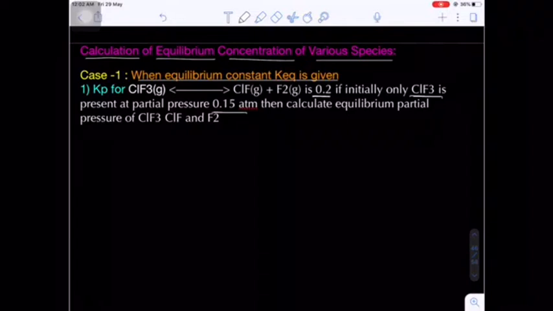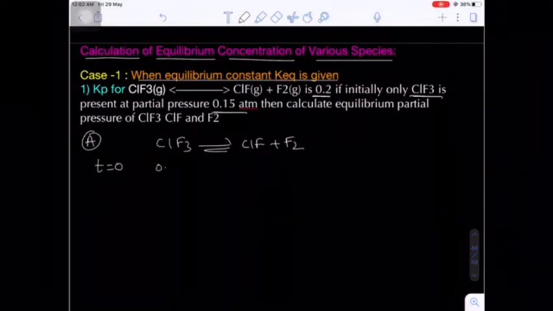First of all, what is the reaction given to you? ClF3 equilibrium ClF plus F2. Initially, at time 0, only ClF3 is present, which is 0.15 atm. There is no product, so 0 atm, 0 atm.